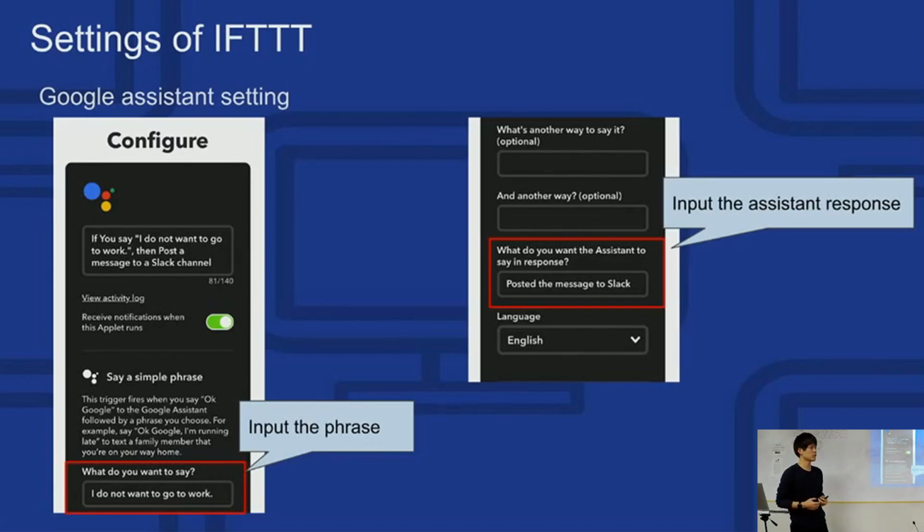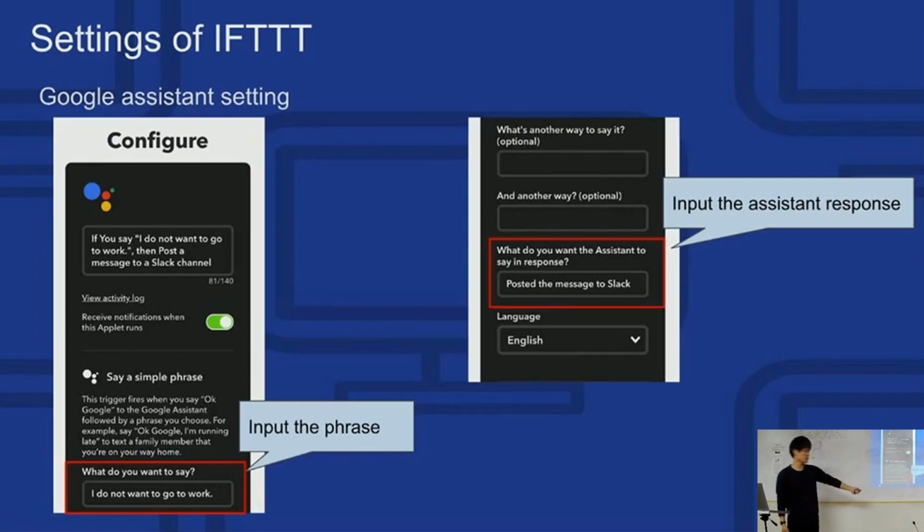I want to share an important point here. This input field should be simple and easy to say, because your message is matched against the text recognized by your smart speaker, and if it matches, then IFTTT hooks your command and posts to Slack.